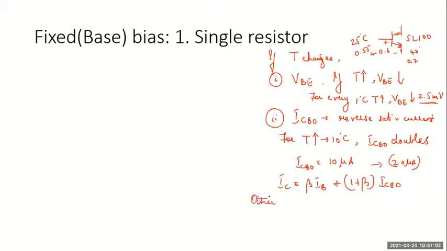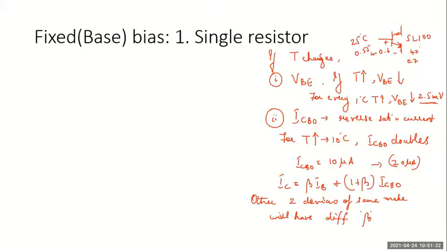Other than that, two BJTs of the same manufacturing unit or of the same make will have different beta. This is another problem.